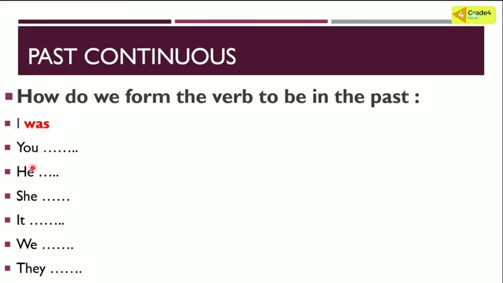How about you, he, she, it, we, and they? Here is the form. You were, he was, she was, it was, we were, they were. So, if we make a sentence with you, we will use were. He, we will use was, she was, it was, we were, and they were.